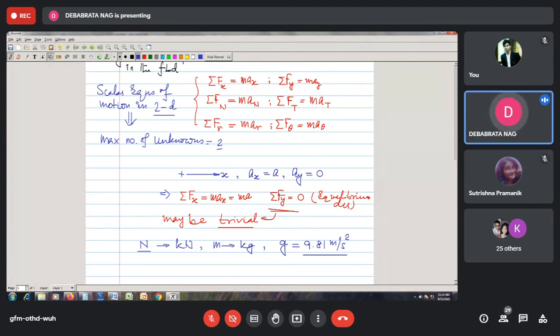So when there is no force in the y-axis, this equation will become trivial. When forces exist along the y direction, perpendicular to your motion, of course you need to take those forces into account, sum them and equate them to 0, because your equation is a non-trivial one.